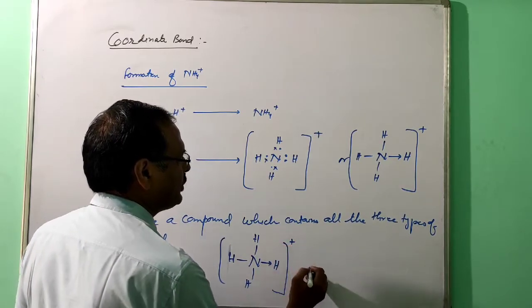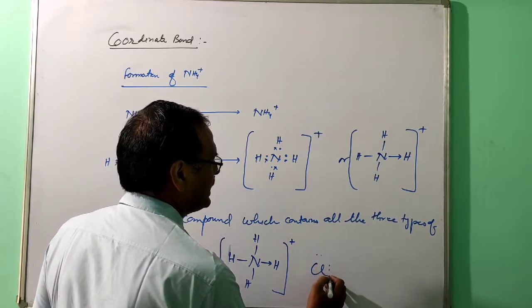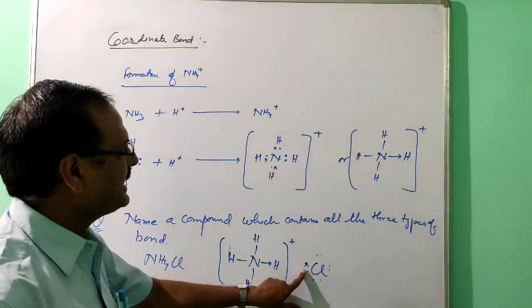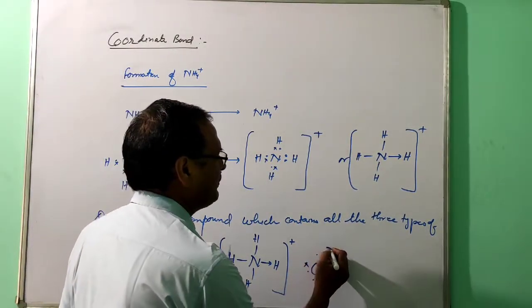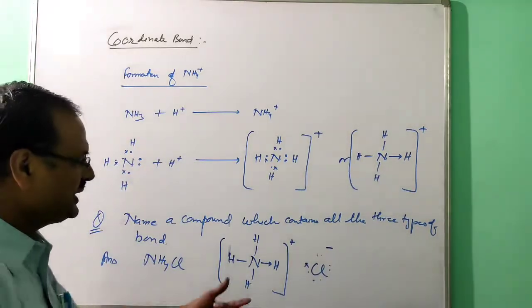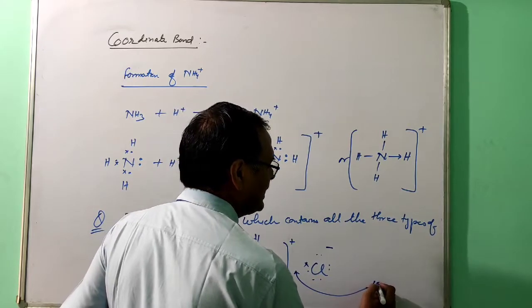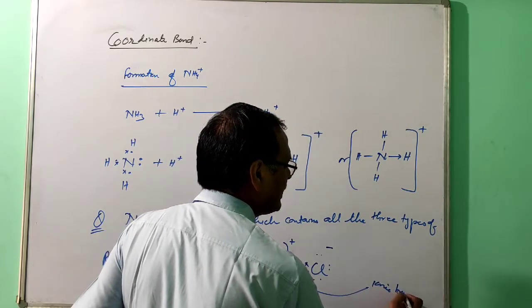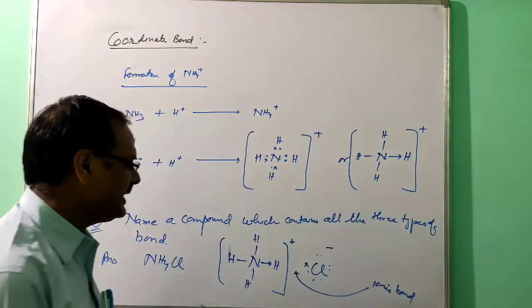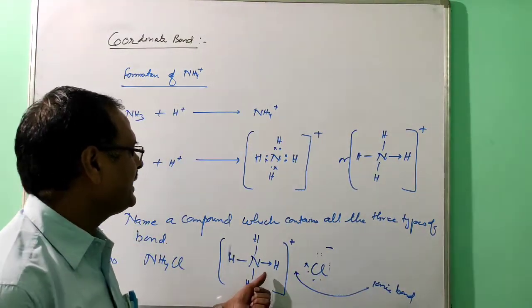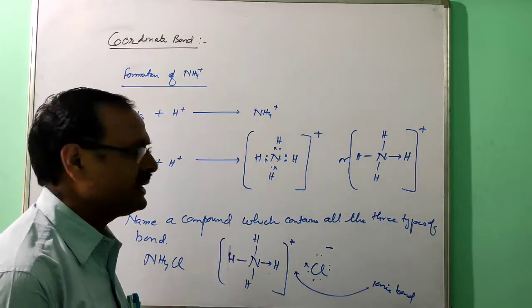And this will have a positive charge, and chlorine will take one electron and this will form the negative ion. So here is the ionic bond. It means between NH4 plus and Cl negative, an ionic bond will be there, and in the ammonium ion, covalent and coordinate.